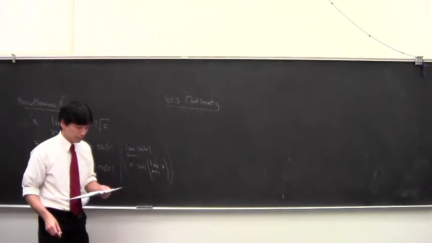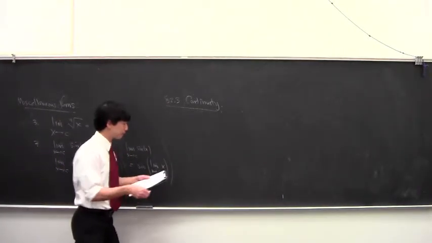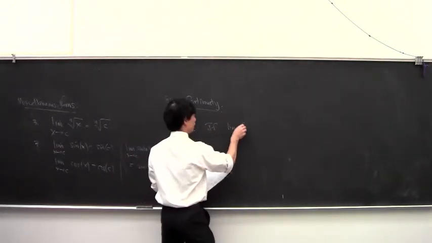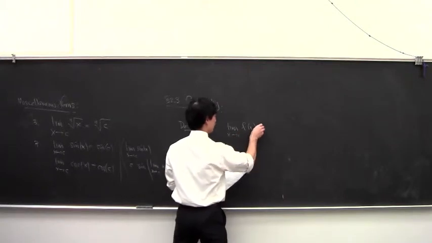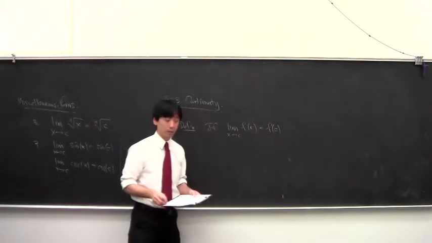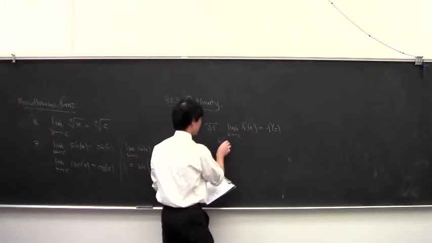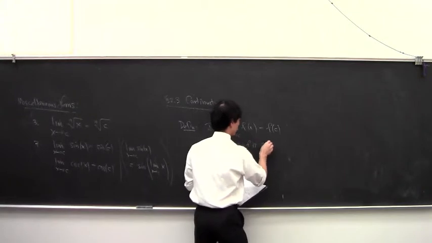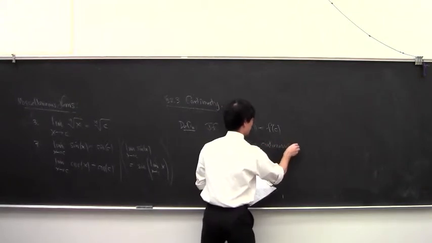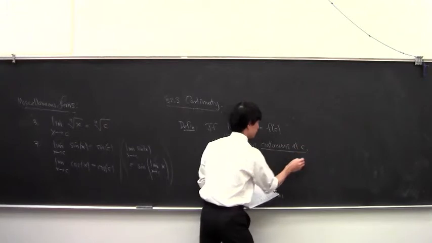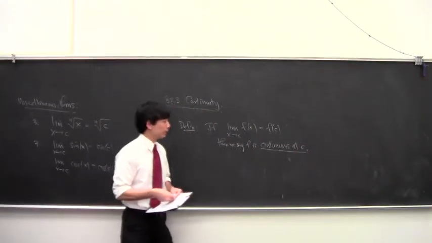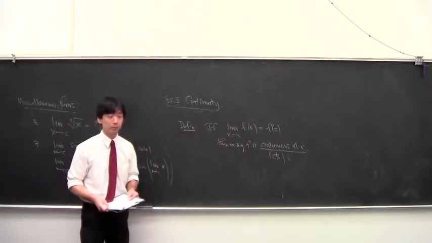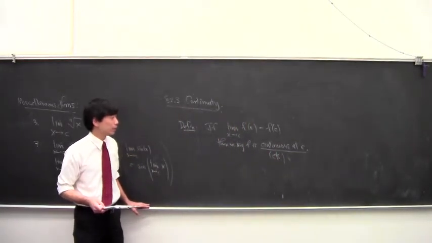If the limit of f of x as x approaches c actually equals f of c, then we say f is continuous at c. And I'll quite often abbreviate that as CTS. It's continuous at c.